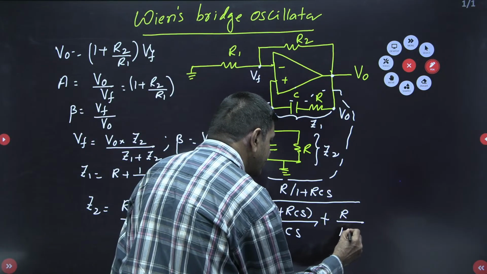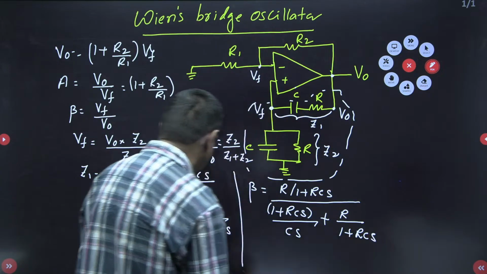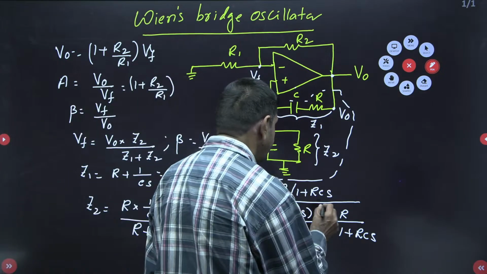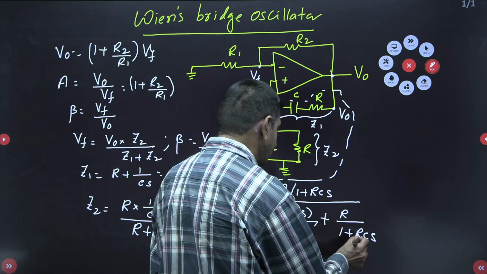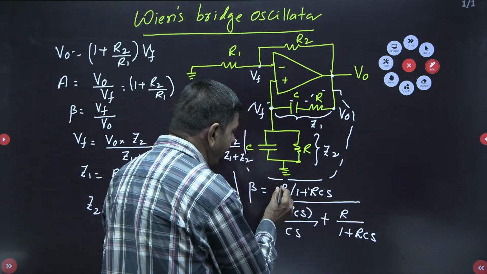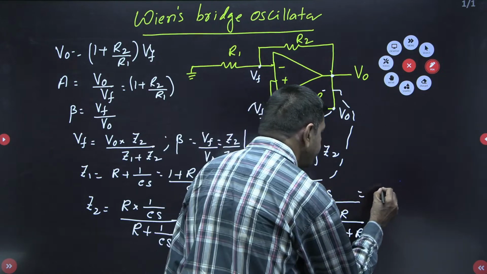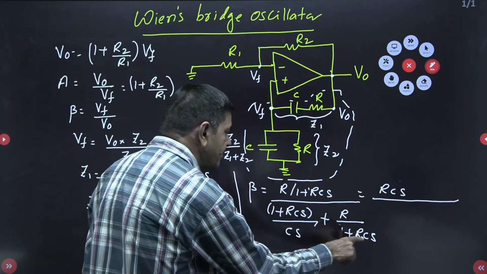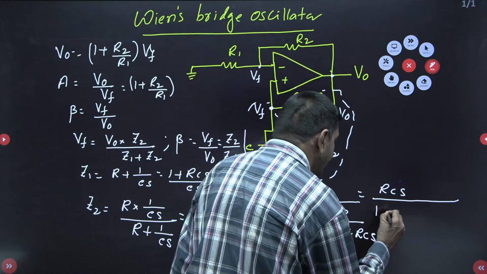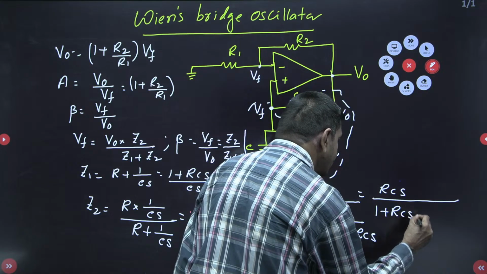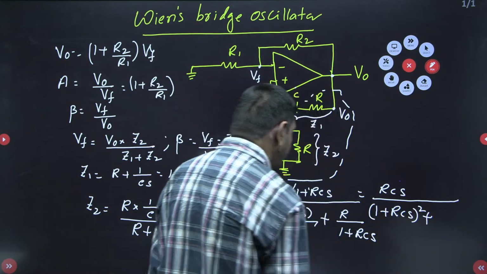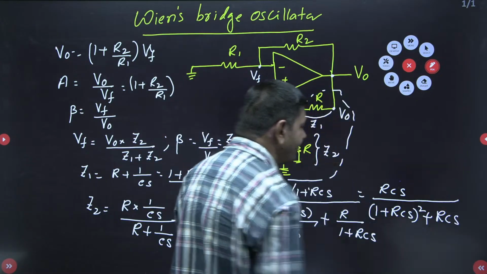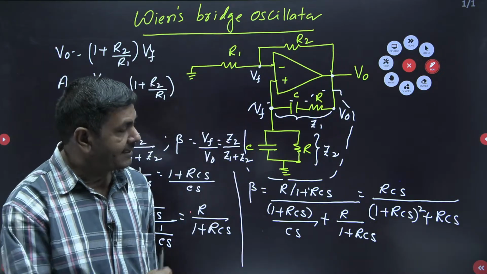On simplification, what will I get? R, 1 plus RCs, 1 plus RCs cancel after LCM. RCs comes here, RCs divided by 1 plus RCs whole square plus RCs. That way we can get it now. That I want to expand.